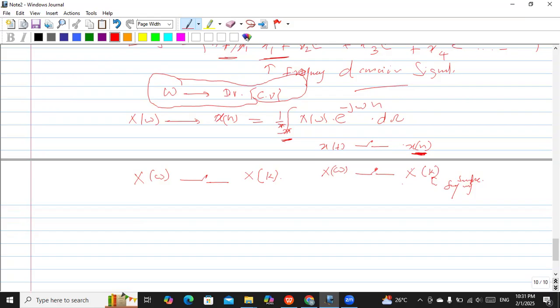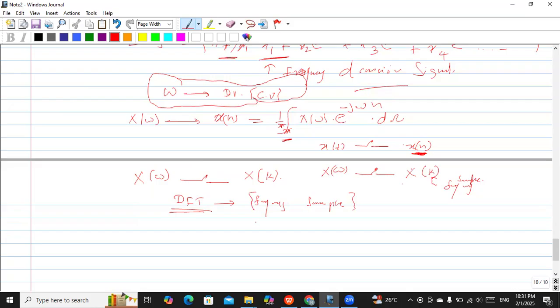Actually, this frequency domain sampling is represented by the discrete Fourier transform. So in the discrete Fourier transform, we will have the frequency sample, not omega, not a frequency domain signal, but a frequency sample.